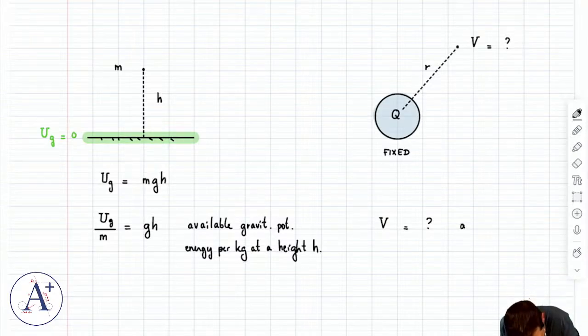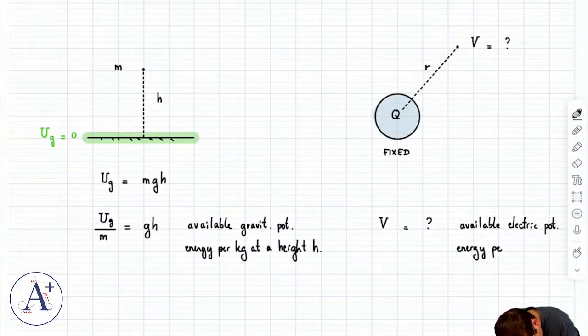But this will be the available electric potential energy per coulomb, so per unit charge, at a distance r from Q.